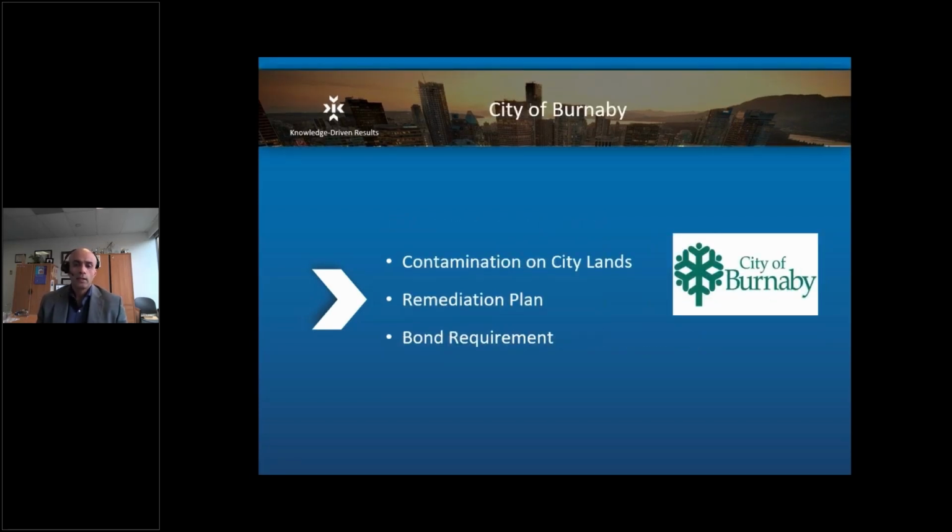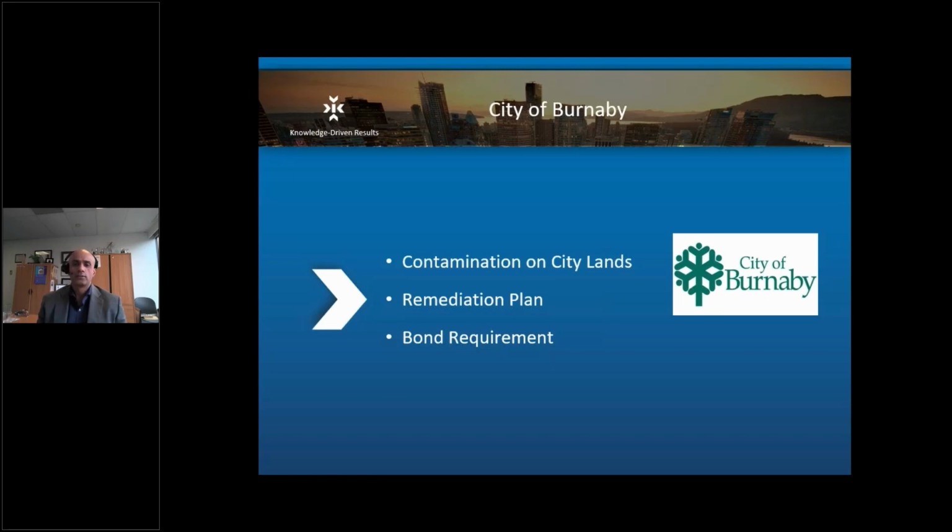For the City of Burnaby, I wanted to touch base on some of our experience. On contamination on city roads, the city will consider risk-based standards depending on where the contamination is. If the contamination is below the utilities and future utility corridors, the City of Burnaby may consider allowing you to do a risk assessment on the contamination off-site.